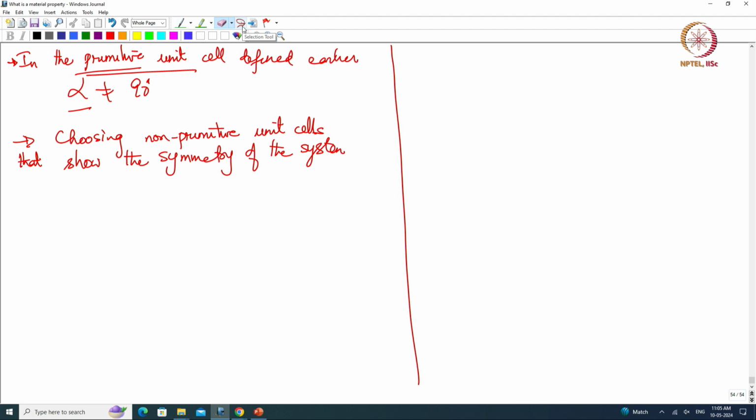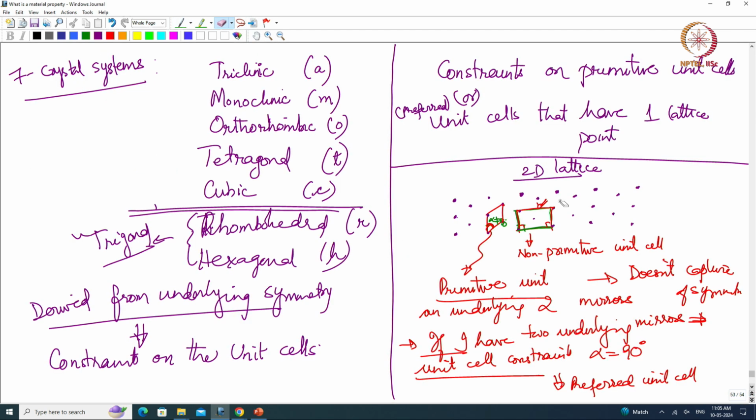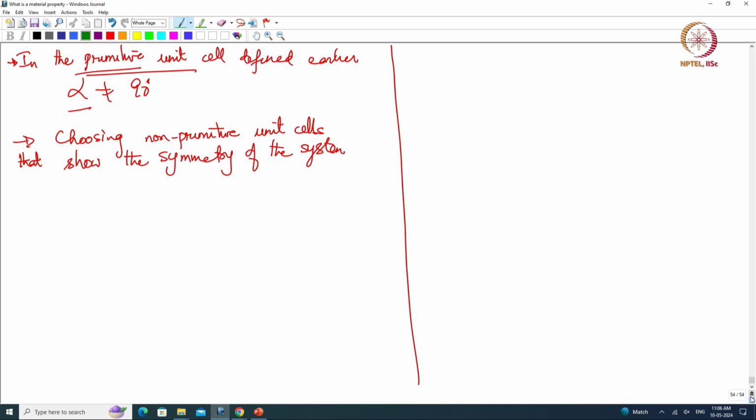So it makes sense, to capture the underlying symmetry, that I define my lattice and my unit cell to be this unit cell, and not the primitive unit cell, not any other primitive unit cell. This gives me the concept of what are called centered lattices or centered unit cells.